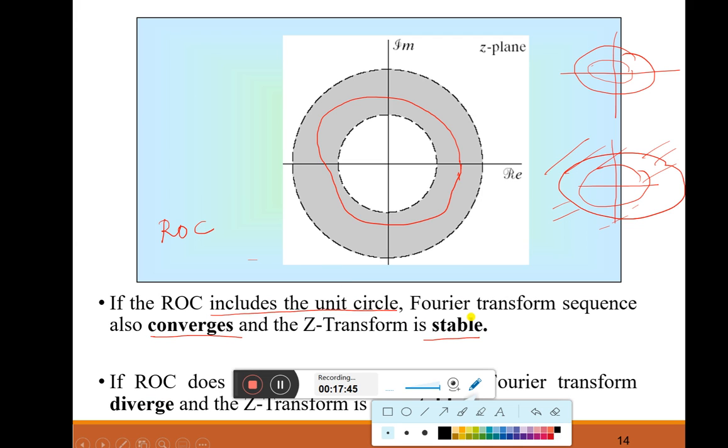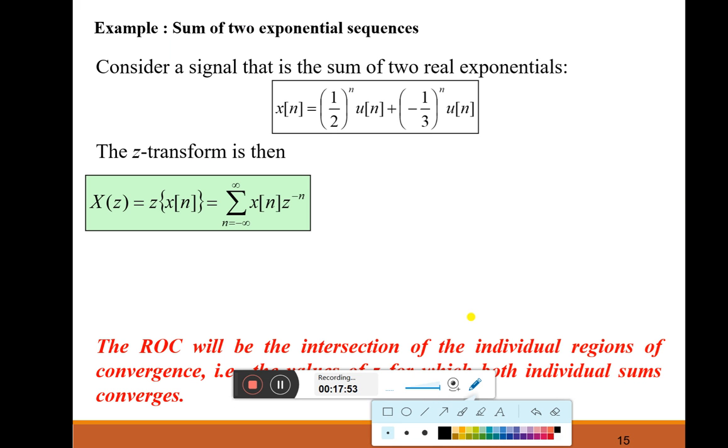Now kita tengok satu lagi contoh yang macam mana kita nak tahu bentuk ROC. Okay, so let's consider a signal that is the sum of two real exponentials. Okay, so diberikan x[n] equals to persamaan yang ini.